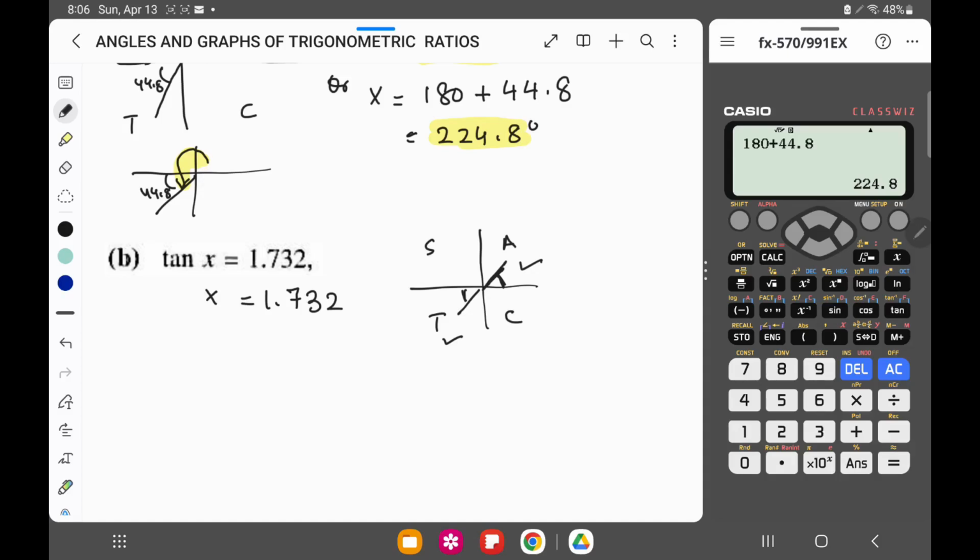So x is equal to tan inverse 1.732. Okay, find out: shift tan inverse 1.732, and then you will get the basic angle, which is equal to 59.999, meaning 60 degrees.